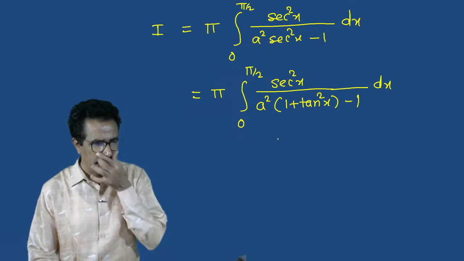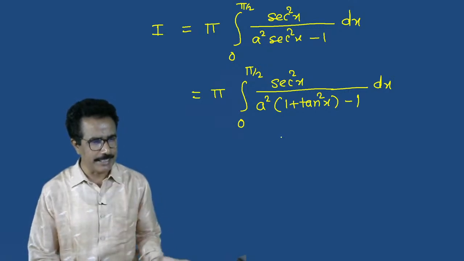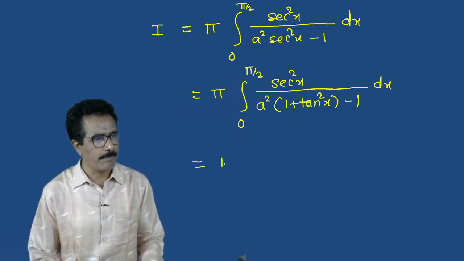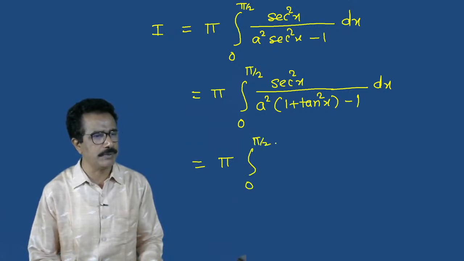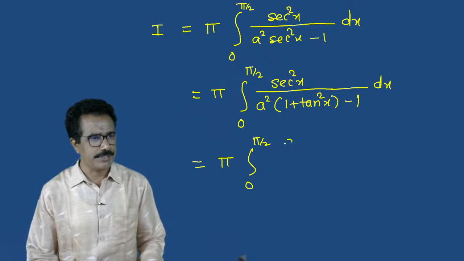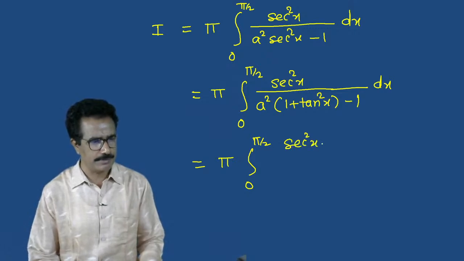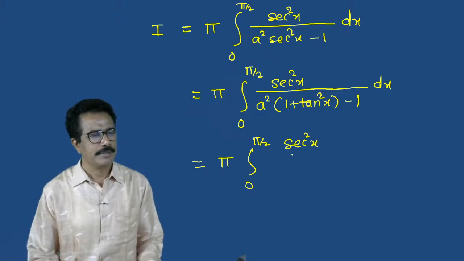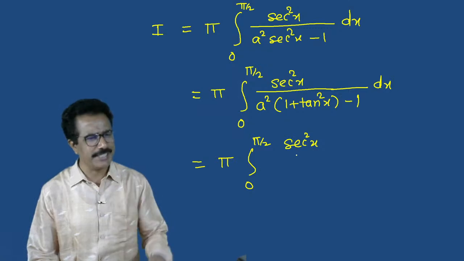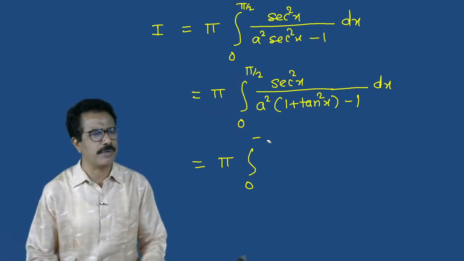So we can put this t here also. So I is equal to the integral from 0 to pi by 2. We can write sec square x.